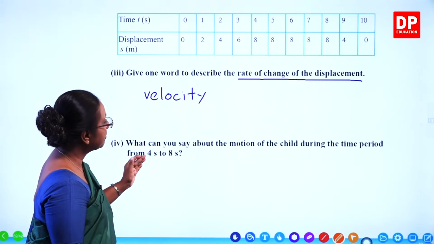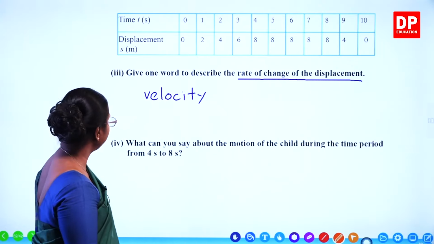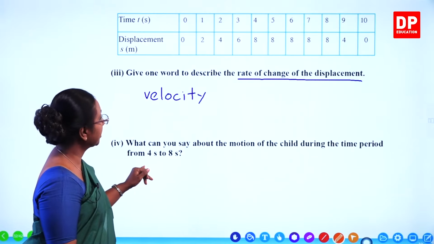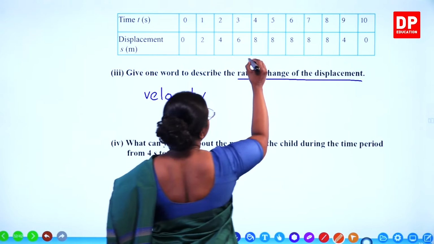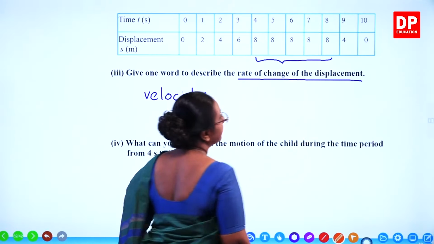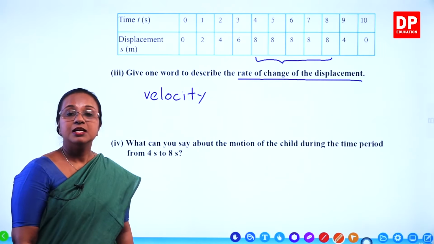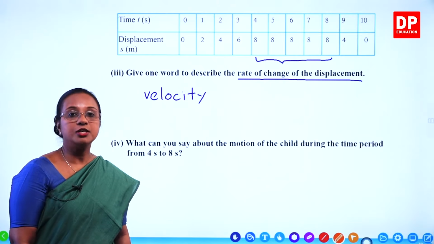What can you say about the motion of the child during the time period from 4 seconds to 8 seconds? We saw this in the previous table. From 4 seconds to 8 seconds, the displacement does not change. That means the child does not move.